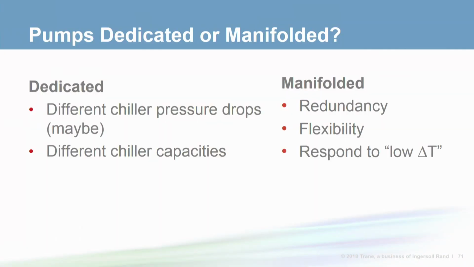So, should pumps be dedicated or manifolded? Dedicated pumps are beneficial if the chillers have different capacities or pressure drops. But manifolded pumps have a lot of advantages, including redundancy, flexibility, and ability to respond to different system operation points. For that reason, we see many systems designed using manifolded pumps.